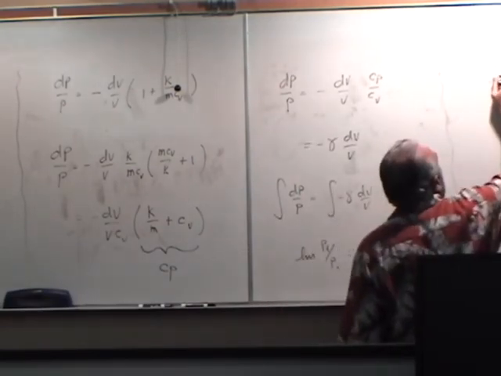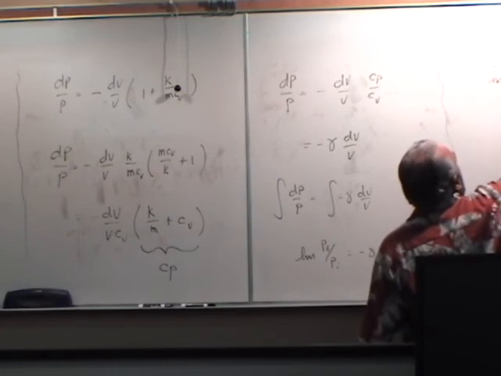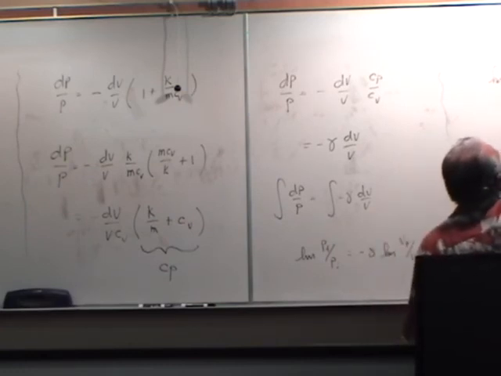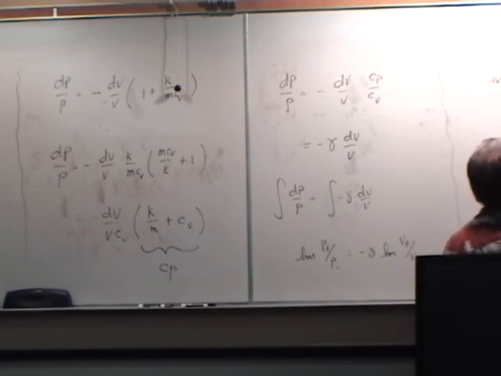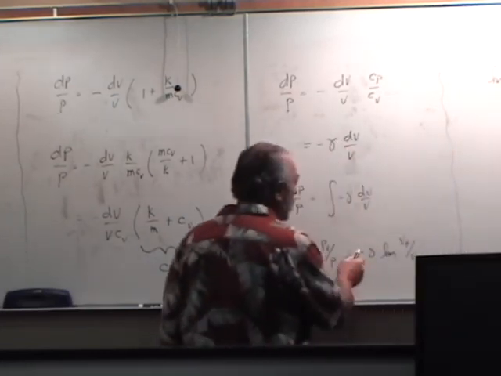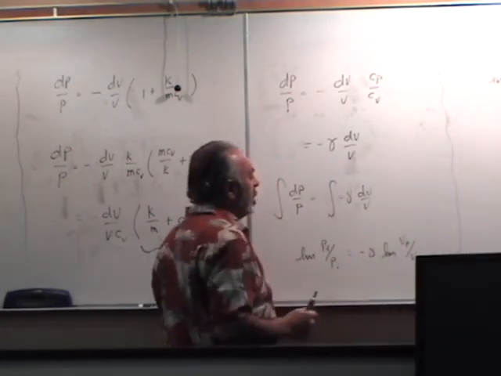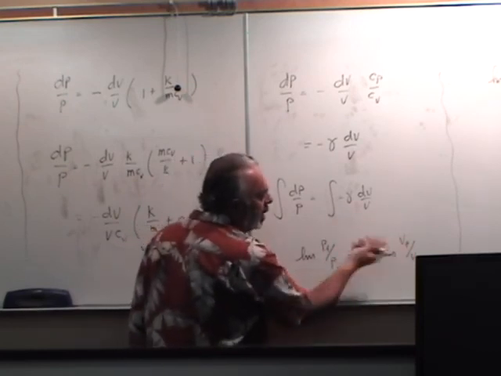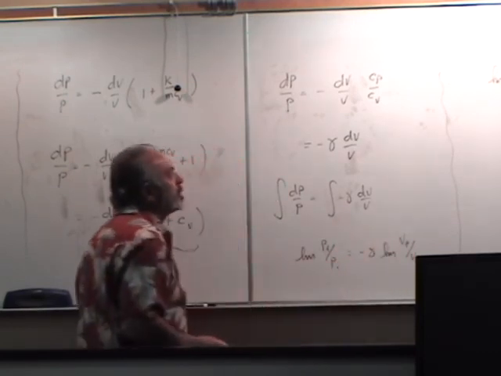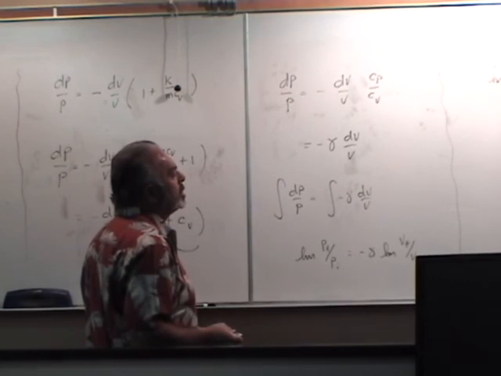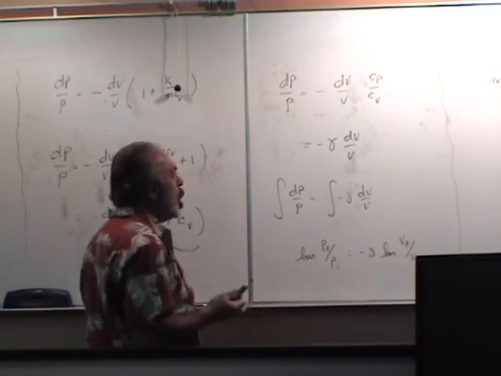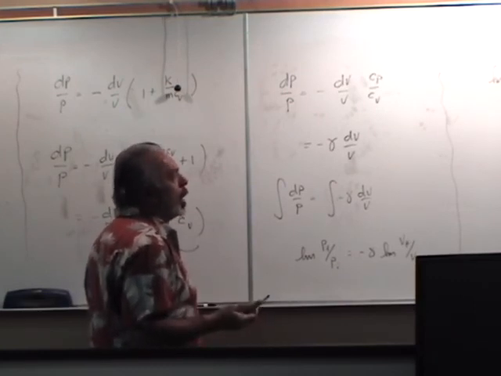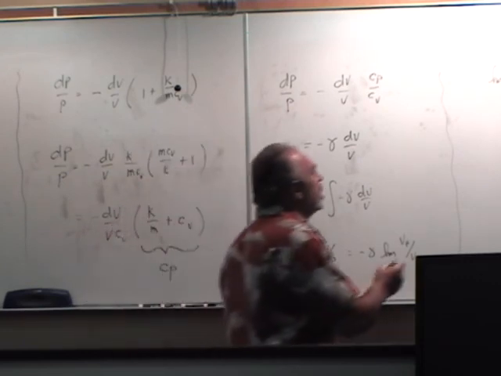But you remember what happens when you put the gamma in there. You get ln of p final over p initial equals ln of V initial over V final raised to the positive gamma power. You exploit the negative sign by flipping the fraction, changing the subscripts, and the gamma becomes a positive power. But of course, if their logarithms are the same, the arguments must be the same.